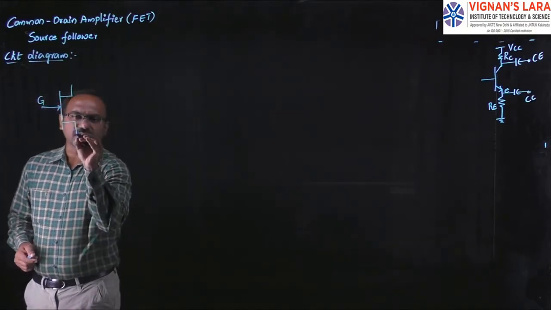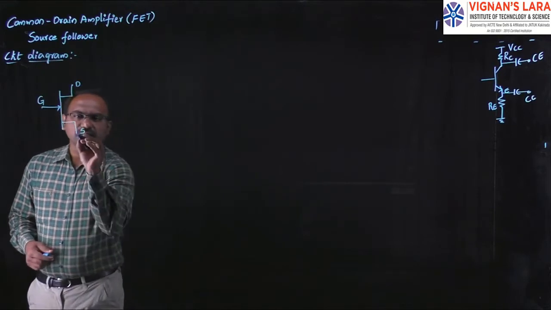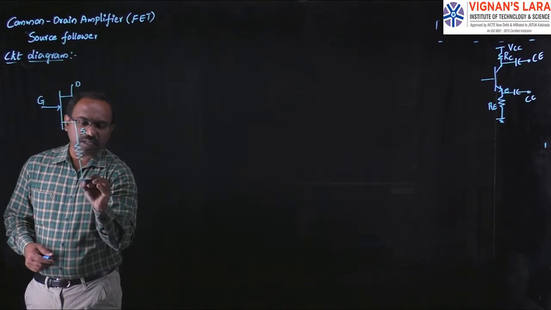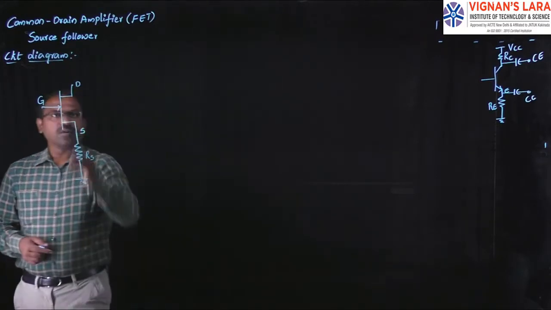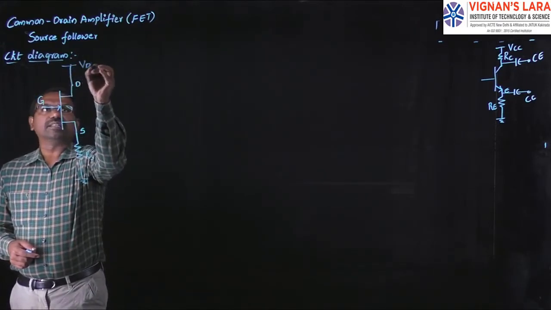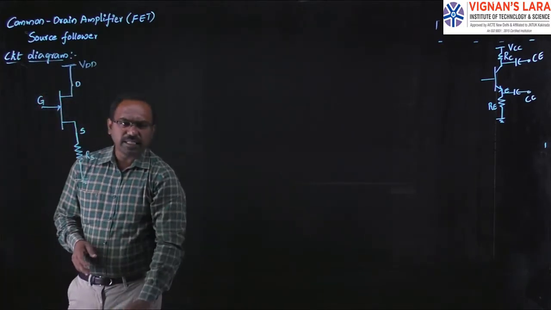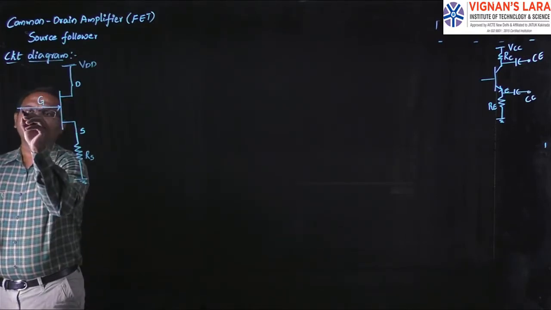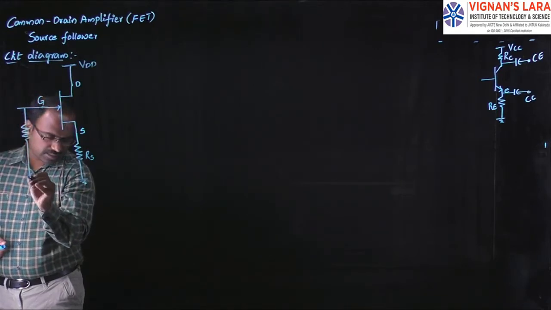And let us assume this is source and this is drain. So the source is connected to the ground terminal with a resistance RS, whereas the drain is directly connected to the DC supply voltage VDD. And from the gate terminal, we have a resistance RG.